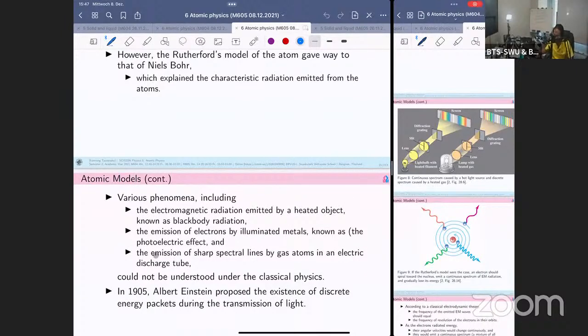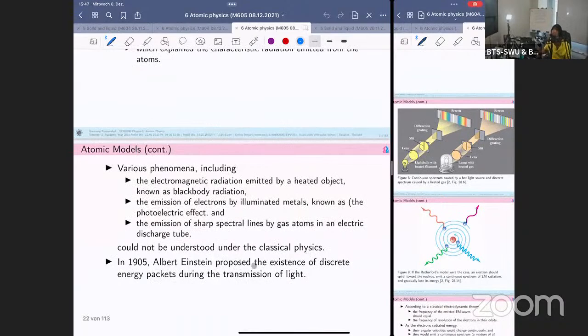And the emission of sharp spectral lines by gas atoms in an electric discharge tube, could not be explained well by using classical physics. So the physicists needed to develop a new theory.